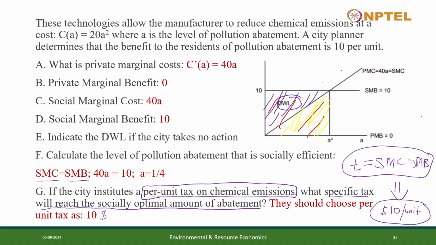Here social marginal cost and social marginal benefit intersect at this point, so the tax imposed will be $10. That is what we have discussed in the last question with this example.